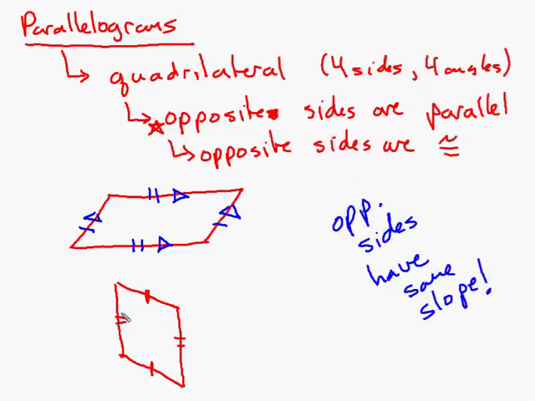I would argue it is not possible to have the opposite sides congruent and not parallel. Here, let's try a case. Let's say that we have slanted sides. We could say that those are obviously not parallel, but could those be congruent? Sure, I'll mark them. There, they're congruent.